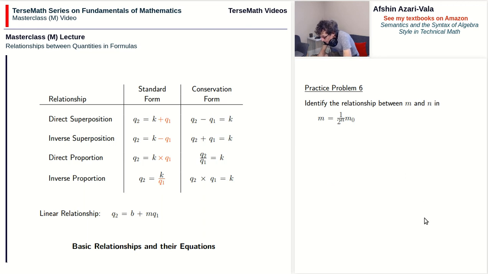Next problem, we have to identify the relationship between m and n in m equals 1 over 2 to the power of n, m0. And here, again, we have one term on the right side. So there are no terms that turn into constants. Within this term, we have two factors. 1 over 2 to the power of n is factor number 1, and m0 is factor number 2.